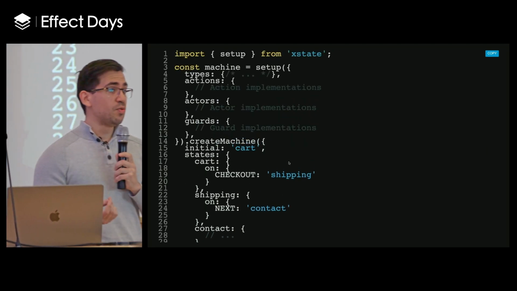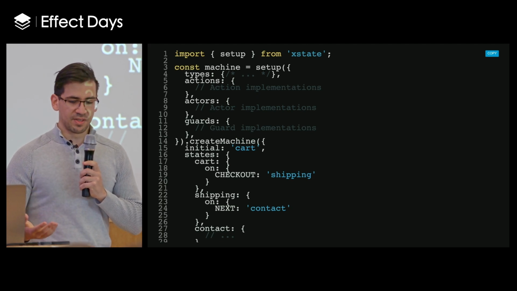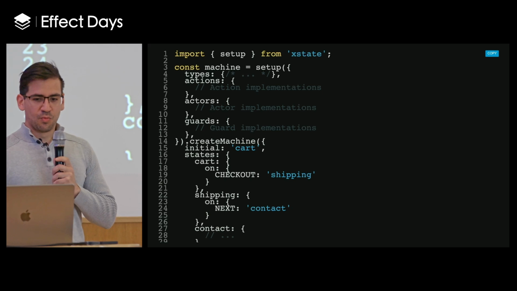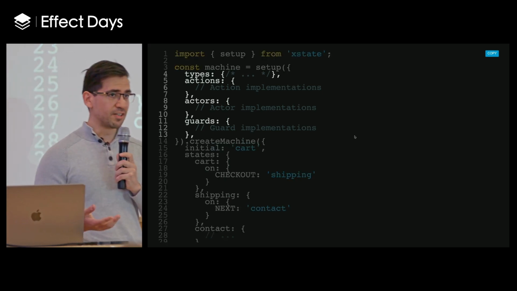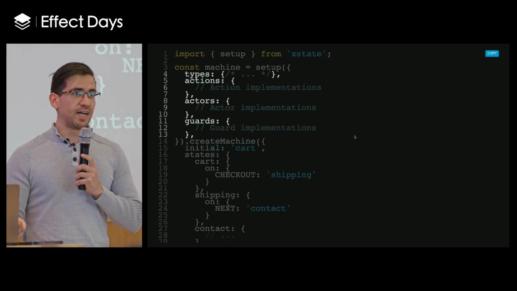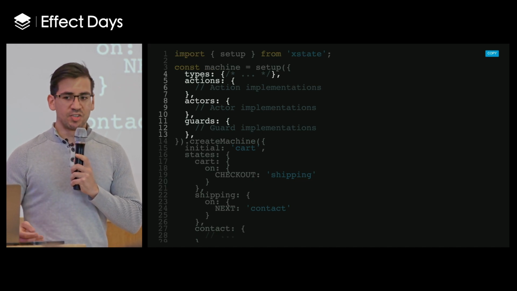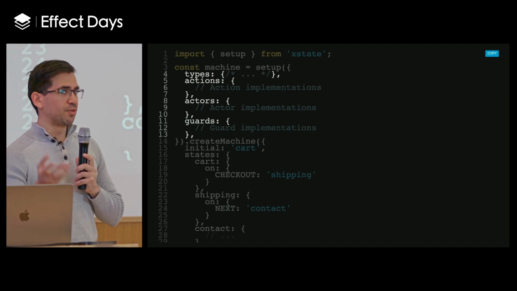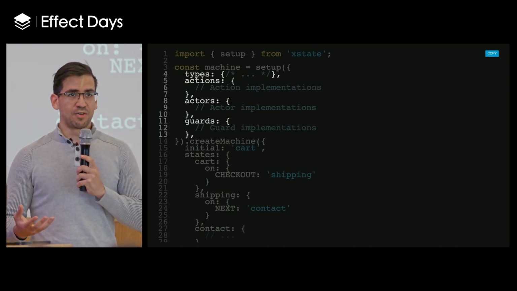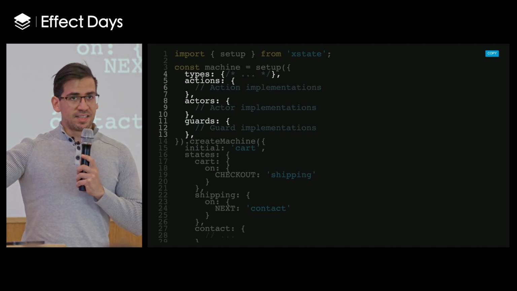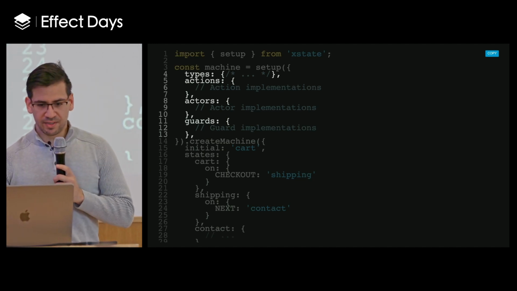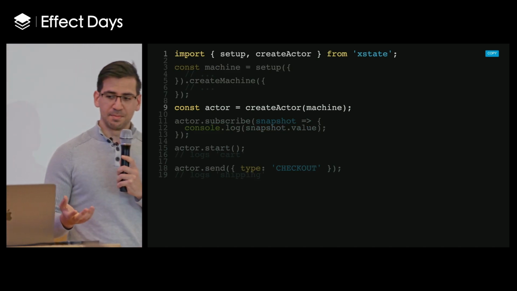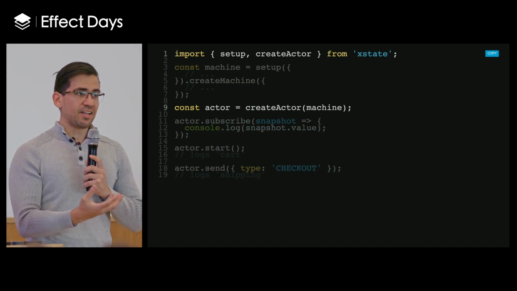And new in version 5, since we've thought a lot about the typing after Johannes talked to me, we now have this setup function where you could actually provide ahead of time the implementations such as actions, actors, guards, etc., and also the types for the context and the events. And sneak peek, this is where Effect is going to come really, really handy. And then you could just interpret that machine by creating an actor from it.